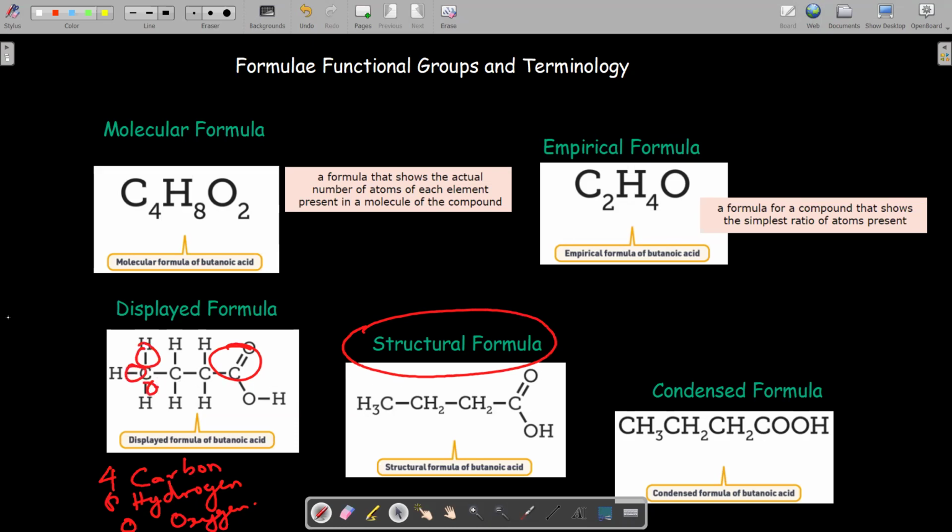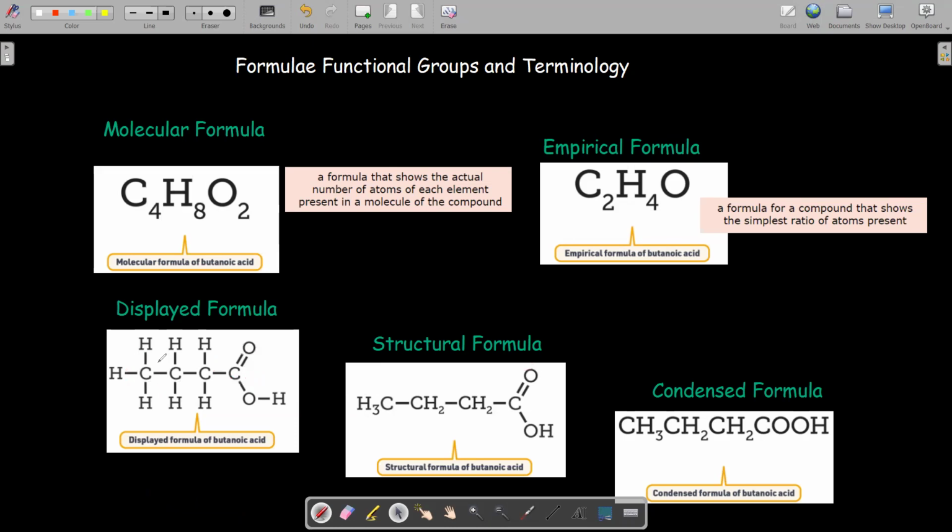But here, see, now the first carbon has 3 hydrogens. So we are not drawing all the bonds here. Instead, in a very unambiguous way, we are representing it together. CH3.